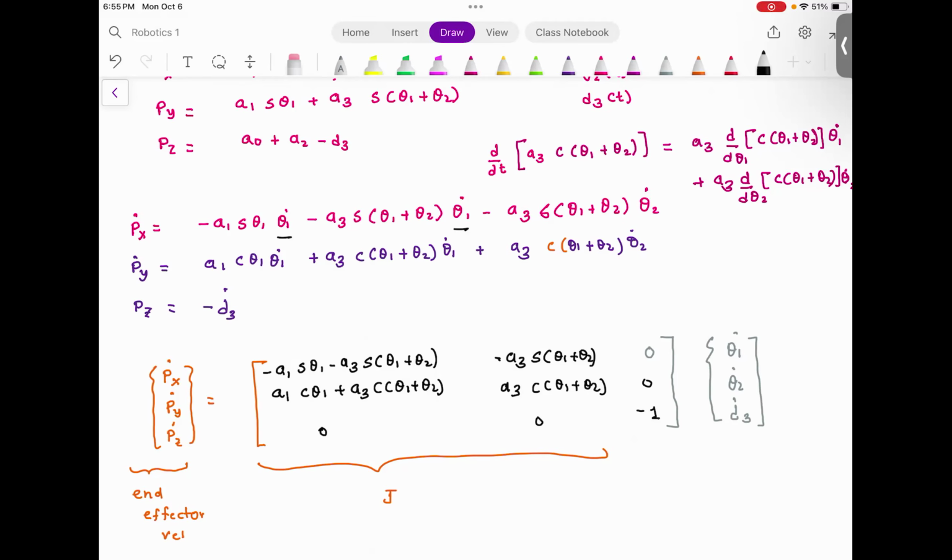Some of you may ask me, what is the physical interpretation of the Jacobian? Please try to understand, this is nothing but the Taylor series expansion. Now, what do I mean by Taylor series expansion? Let's look at the first problem.